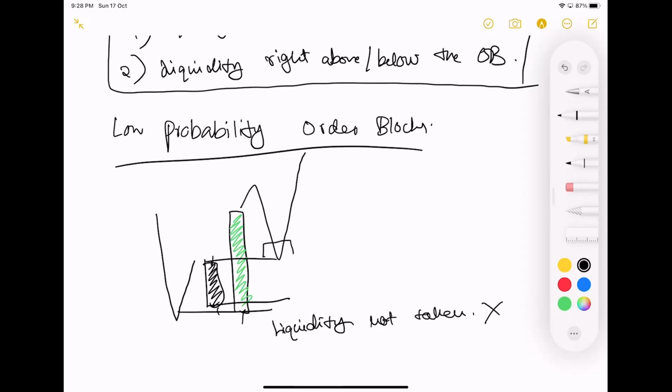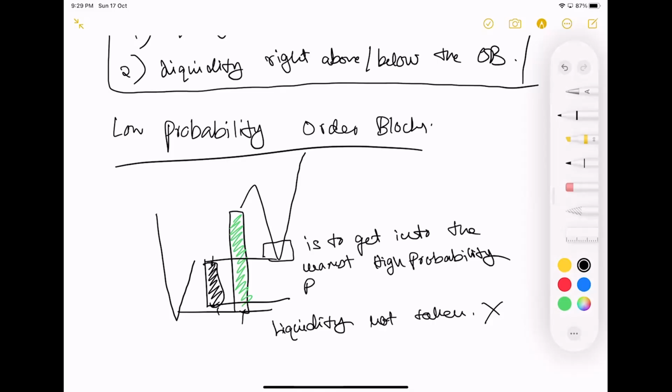While you will get a reaction, this reaction is to go into another high probability opposing PD array. So this reaction is to get into the nearest high probability PD array, and then sell off.